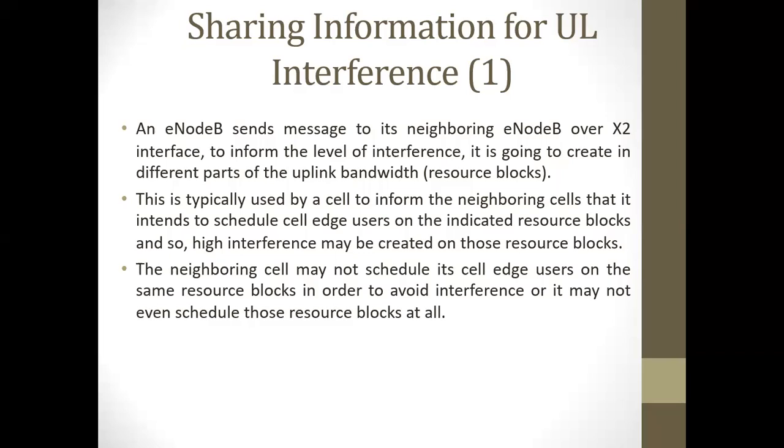But if it allocates the same resources to its own cell edge user, then the power level will be almost equal. The power from the cell edge users of another cell and the power from the cell edge users of its own cell, the intended user, will be almost the same. But if it allocates the same resource block to the users who are close, then the power level will be higher. So in that case, the CINR can be okay or tolerable.